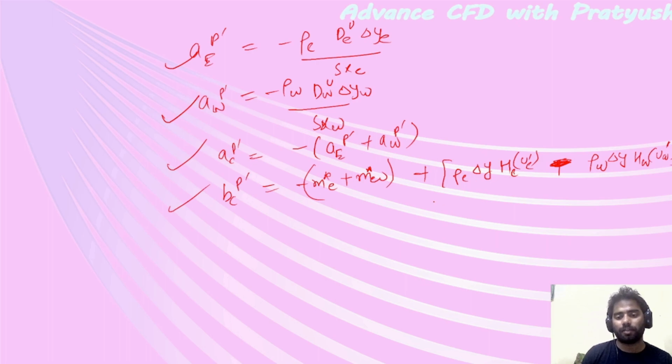Now you observe that this is again the correction term of the continuity equation. So we have already proved that this will become equal to 0. So this term will automatically become 0 when we reach the final solution.